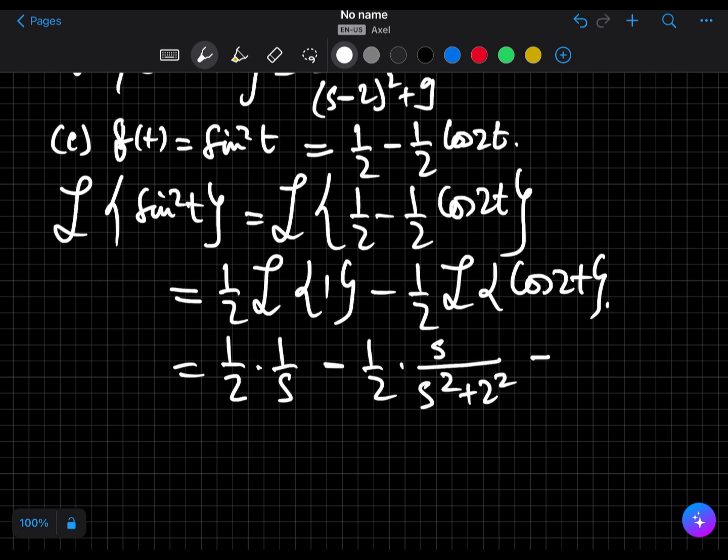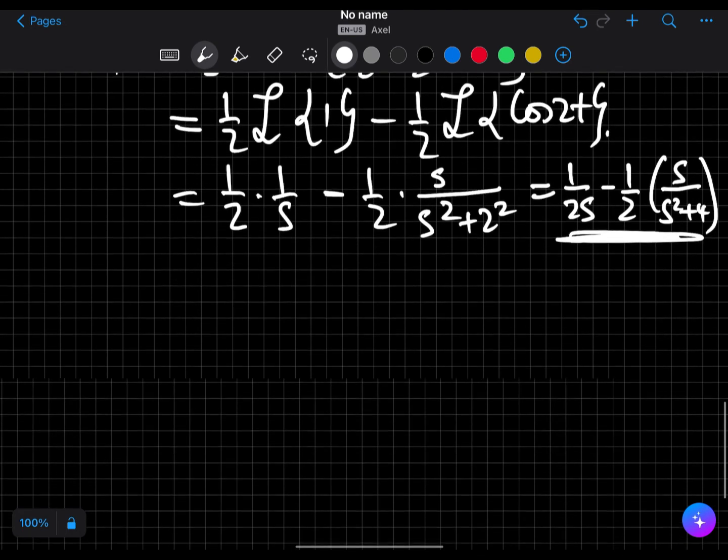So this will equal 1 over 2s minus half times s over s squared plus 4. So this is the Laplace transform of the function.